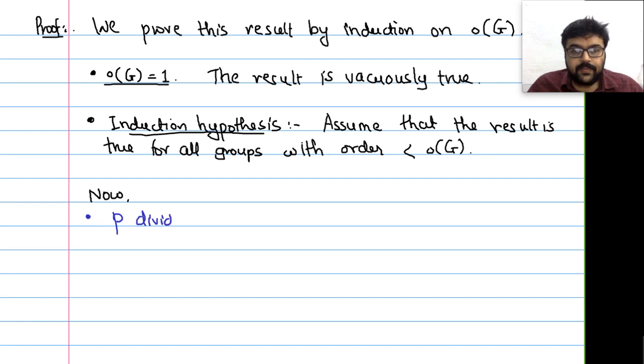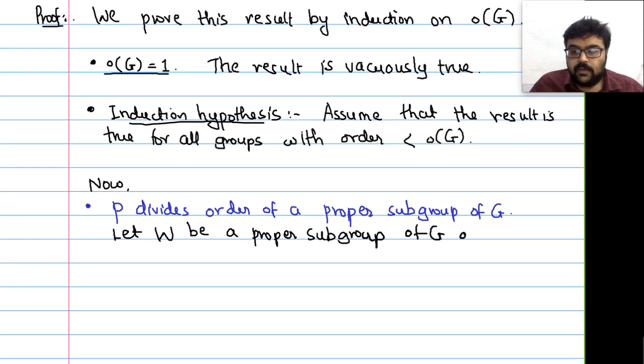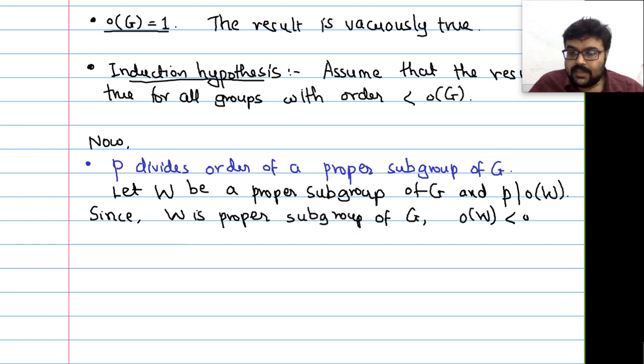Let W be a proper subgroup of G, and P divides order of W. Since it is a proper subgroup of G, we have order of W strictly less than order of G. So these two conditions are satisfied.